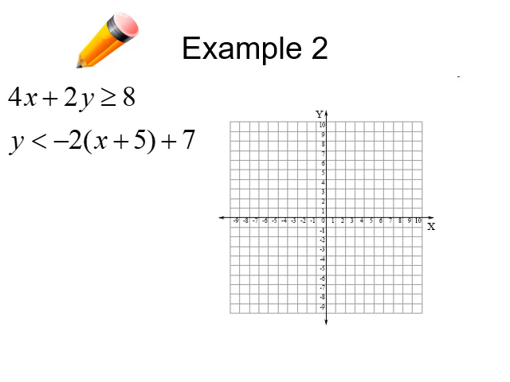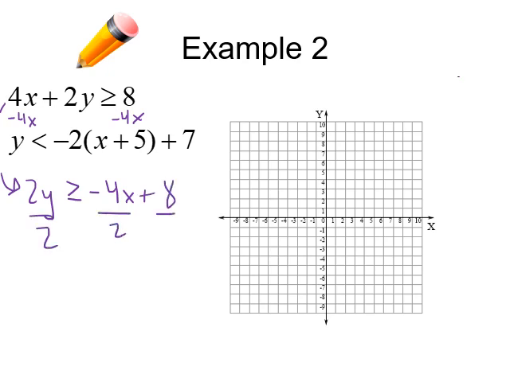I had 4x plus 2y is greater than or equal to 8. If I subtract 4x from both sides, I get 2y is greater than or equal to negative 4x plus 8, divided by 2.